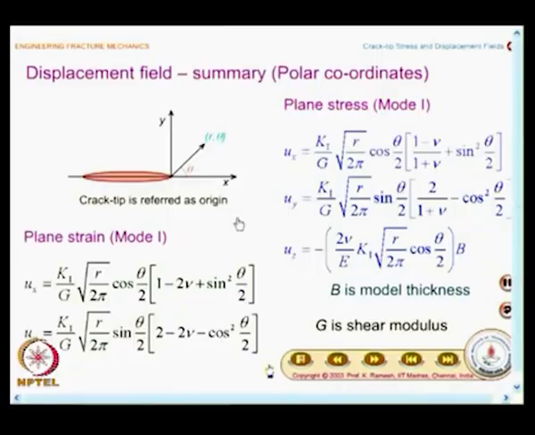So, this gives you very near tip displacement field equations for the case of plane stress as well as plane strain. What is striking when you compare the displacement field with the stress field?